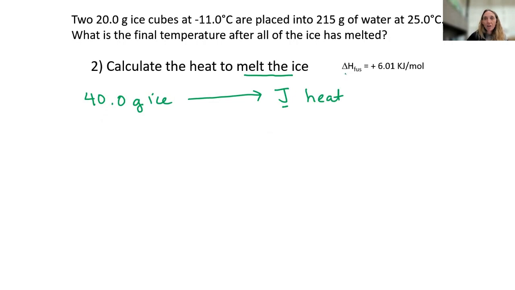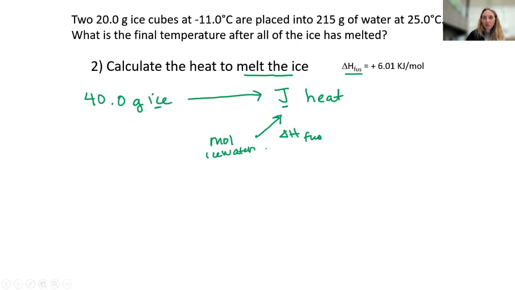Okay, I know that I have a delta H of fusion. I have ice here, joules of heat. So I can use the delta H of fusion to go from moles of the water, because we're going from ice to water. So we'll just call it the ice water like we did before, to joules of heat.